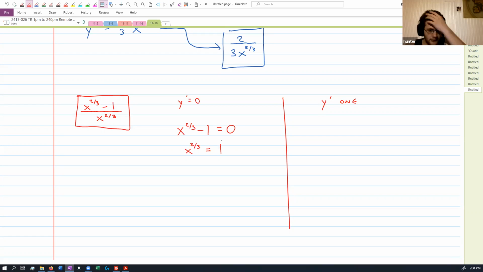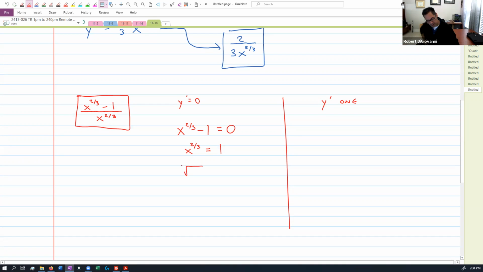That's the cube root of x squared, right? That is the cube root of x squared. So we could cube 1 and then take the square root of it, right? We could do that. So this is the cube root of x squared equals 1. So you could cube both sides first if you wanted to.